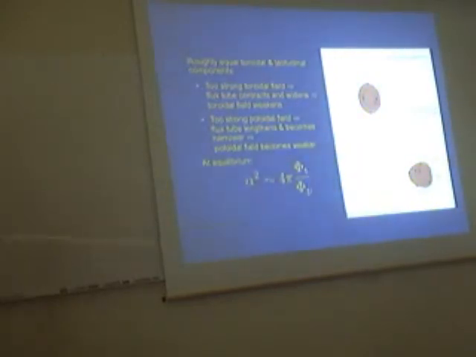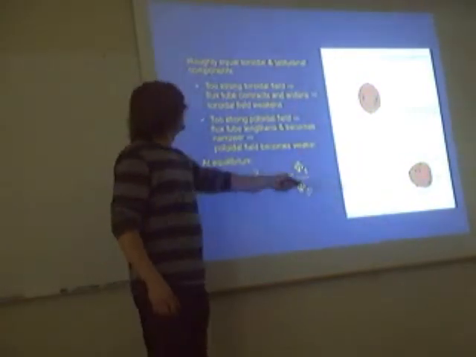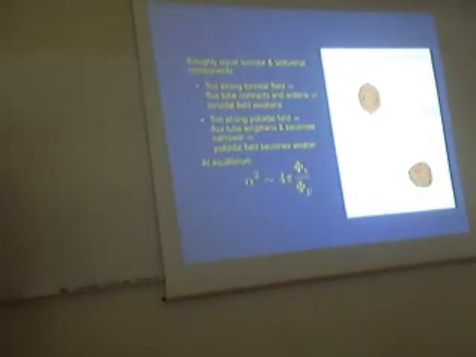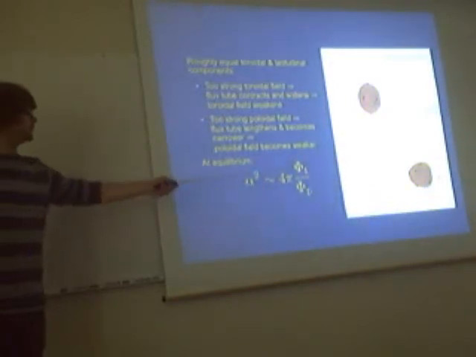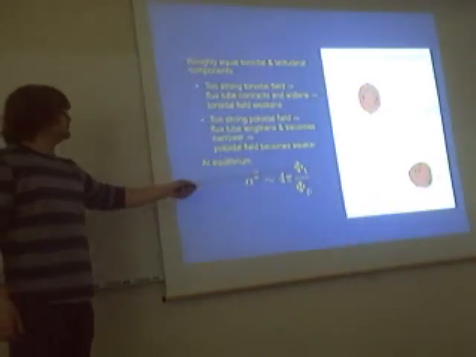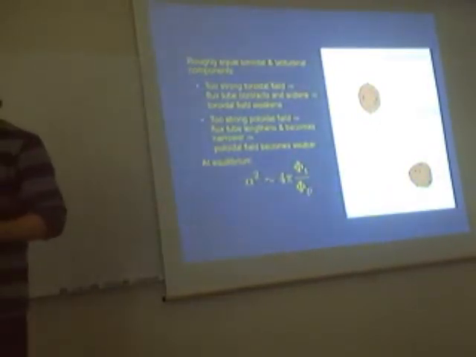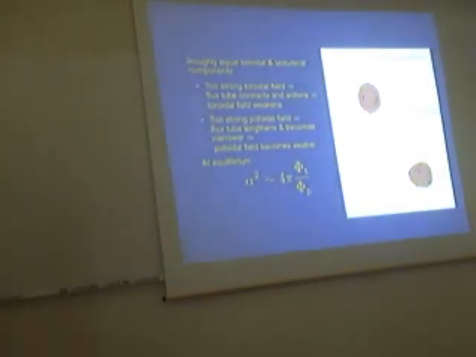So in other words, if you give this too strong a toroidal component, then the tube will simply contract and become wider until these are in equipartition, and the converse. And it turns out that the angle should be of this order, where that's the toroidal flux and that's the poloidal flux in this tube, which are conserved on a dynamical timescale.